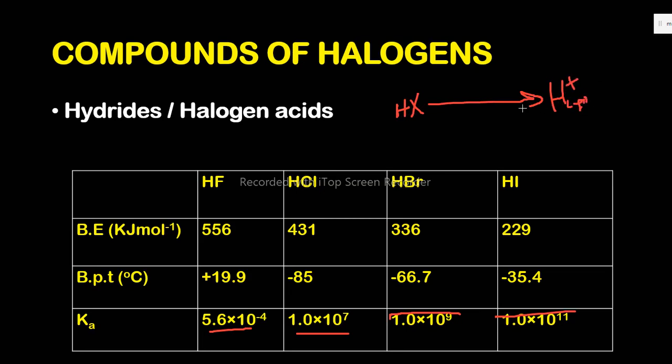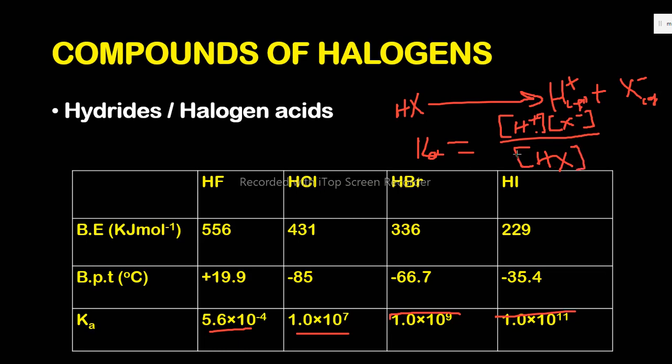HX aqueous gives H plus aqueous plus X minus aqueous. Now the Ka values are positive. Let them stay the way they are. Now the Ka is going to be the concentration of hydrogen ions, the ionic product in other words, times the concentration of halide ions, out of the concentration of the acid HX.